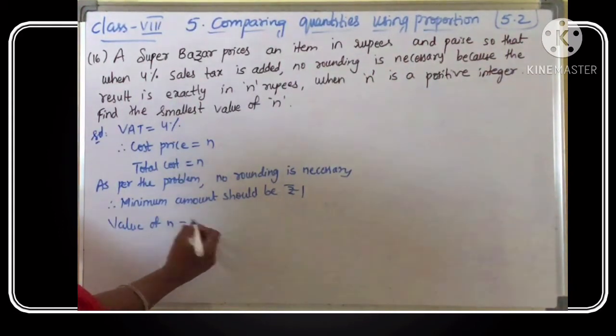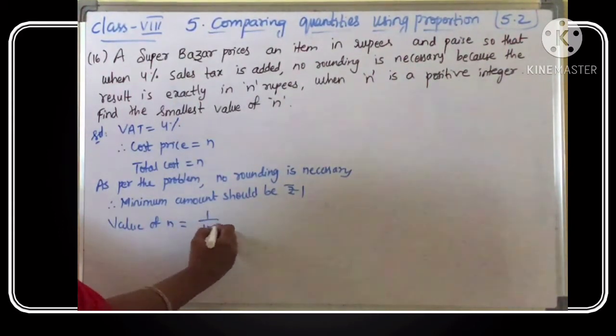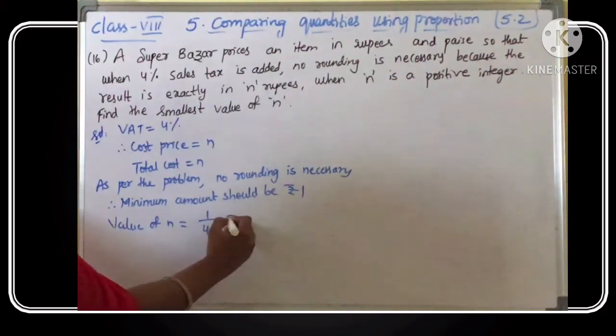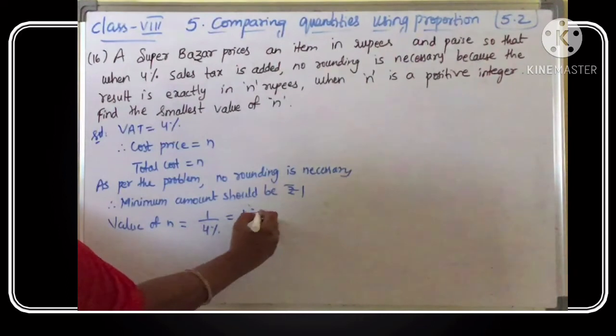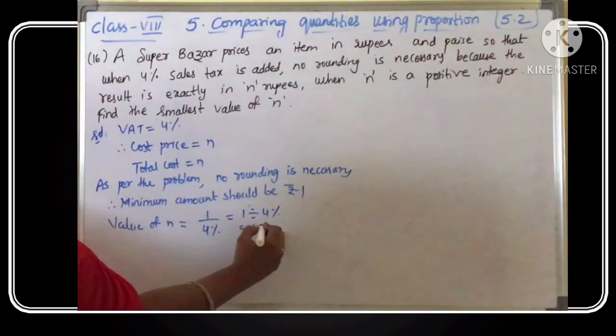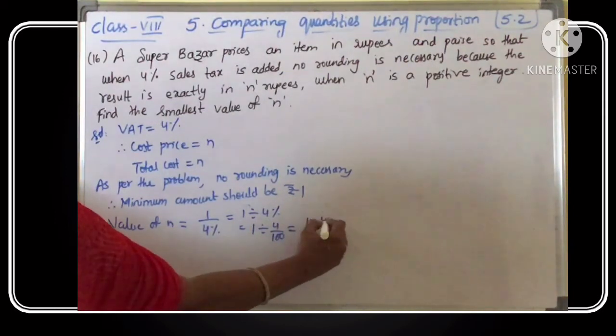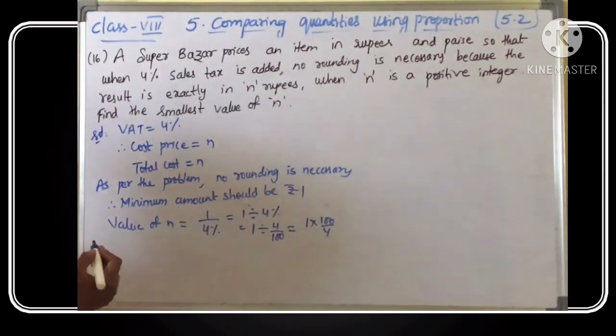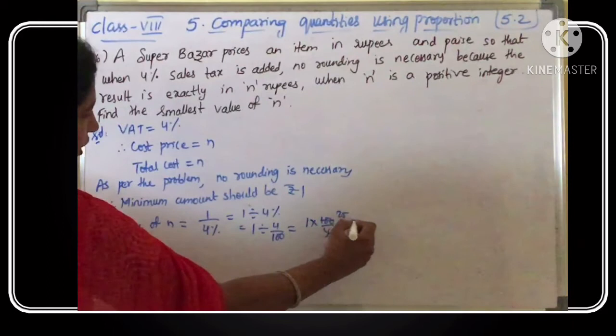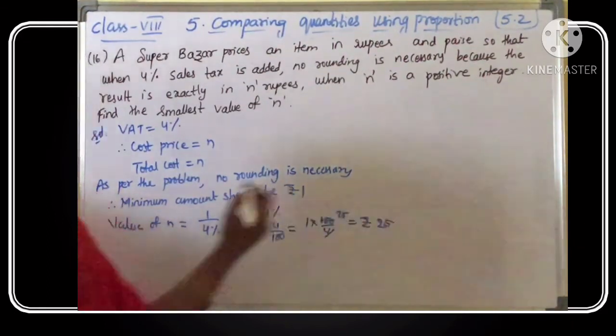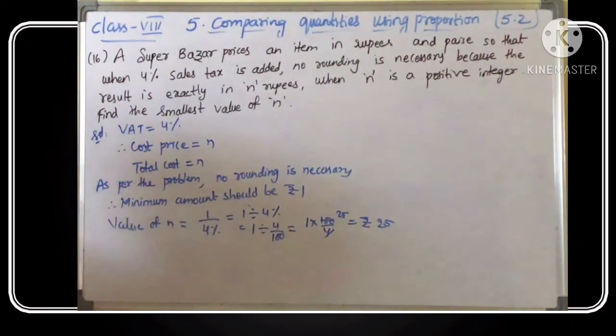It is nothing but 1 divided by 4%. That is 1 divided by 4 by 100, which is 1 into 100 by 4, that is nothing but 25. So the value of n you got is 25.